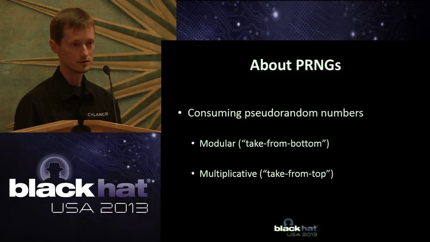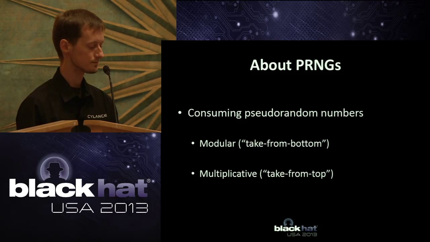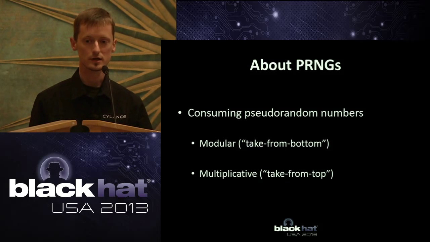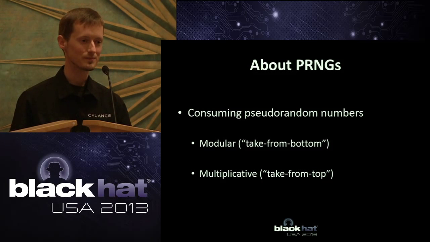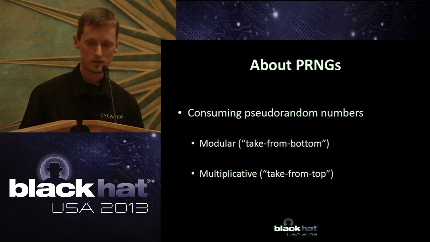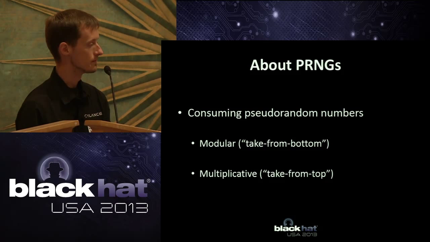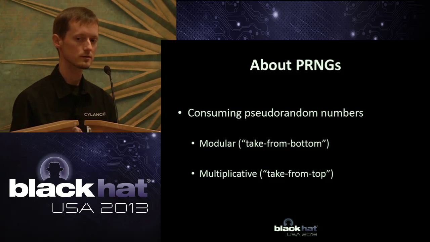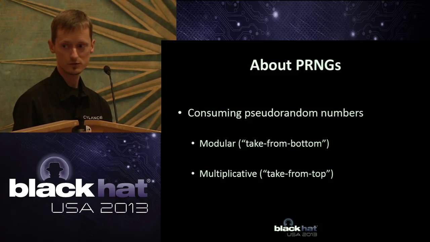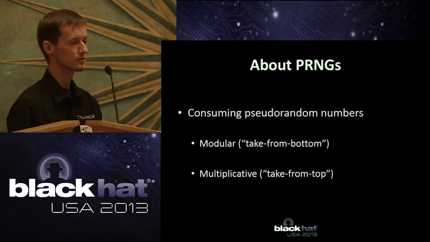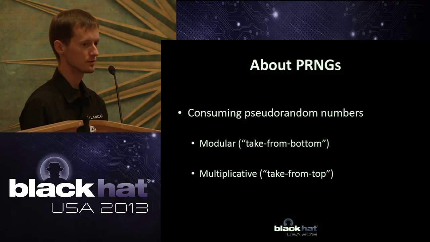It might be explicit using, of course, percent or bitwise and, or it might be implicit due to, say, integer truncation, like say it's cast to a byte. Well, that's an implicit modulo 256. The other mode would be this multiplicative mode. And usually what happens here is that the number that comes out is normalized. It becomes a float from 0 inclusive to 1 exclusive. And then that number is going to be multiplied by whatever the application wants to expand that into the desired range.